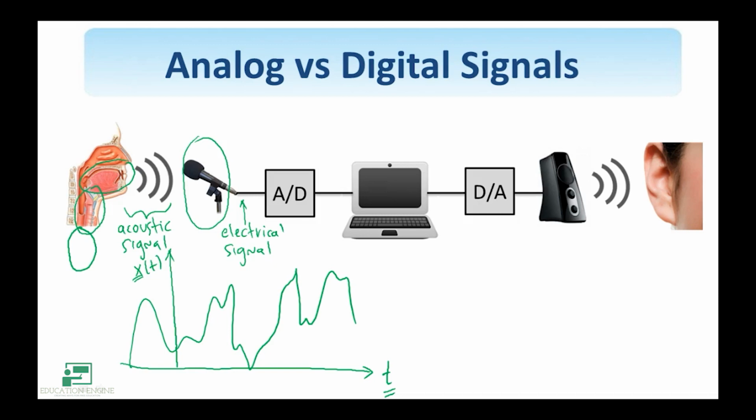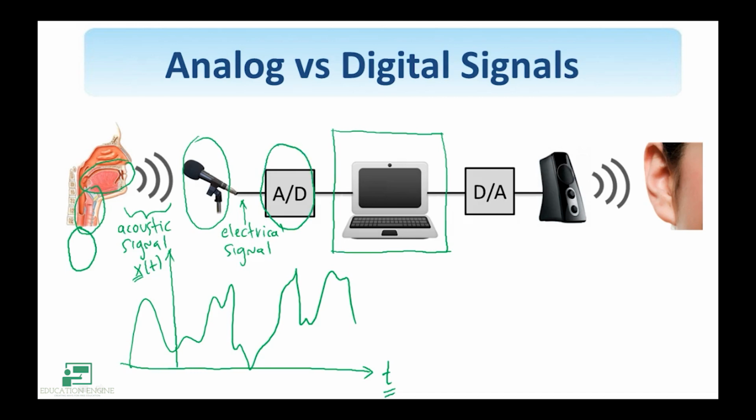Now I want to process such a speech signal by a digital computer. And this is really the objective of any digital signal processing class. Digital computers only understand zeros and ones, or digital signals, and therefore I need to convert my analog signal into a digital one, which is the function of this A to D converter box.